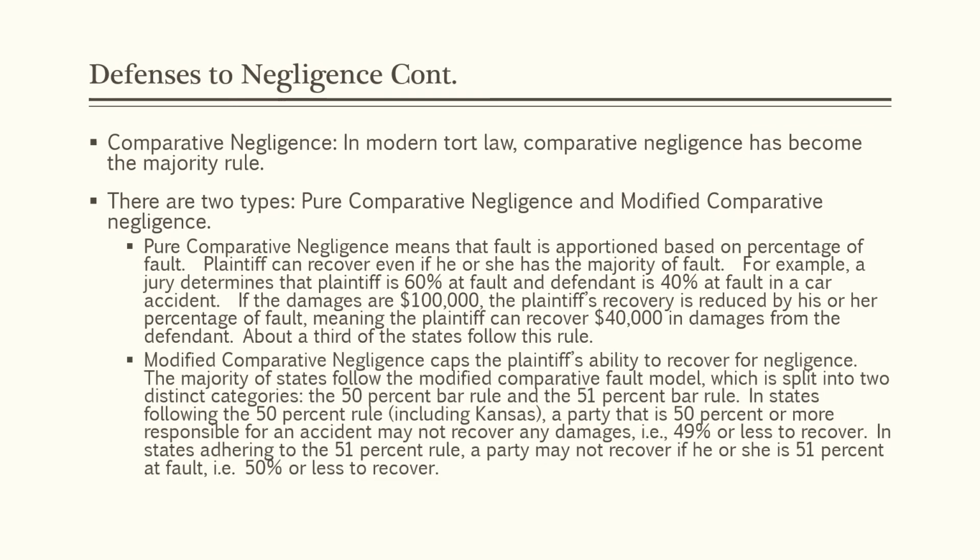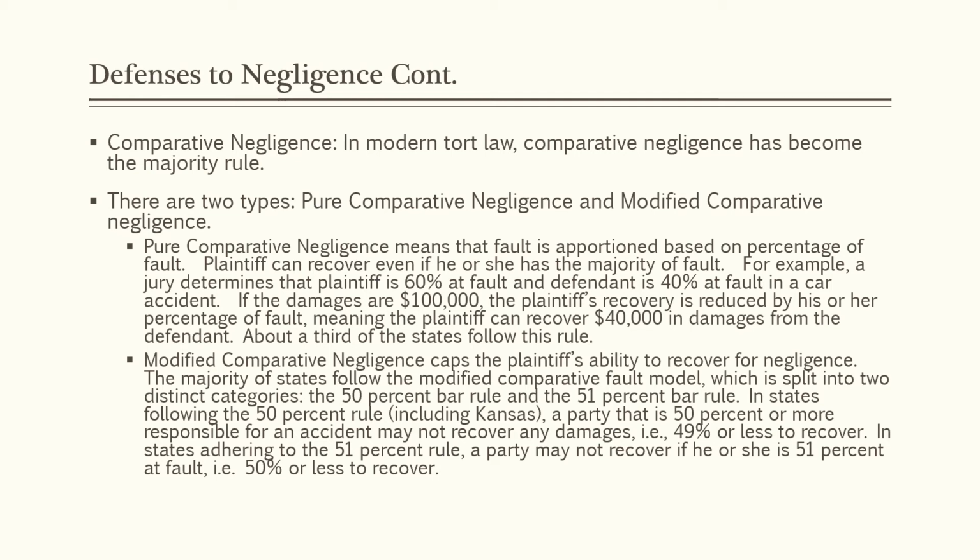Modified comparative negligence is certainly the norm, and it caps the plaintiff's ability to recover for negligence. The majority of states follow modified comparative fault, which is split into 2 main categories: the 50% bar rule and the 51% bar rule.